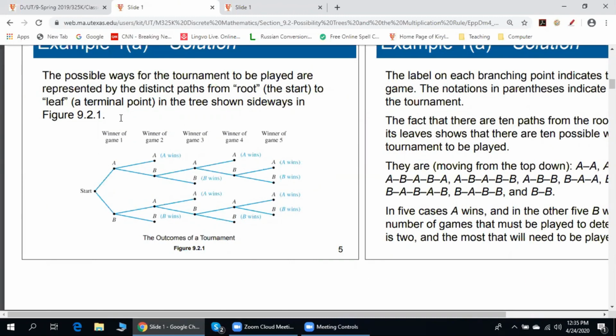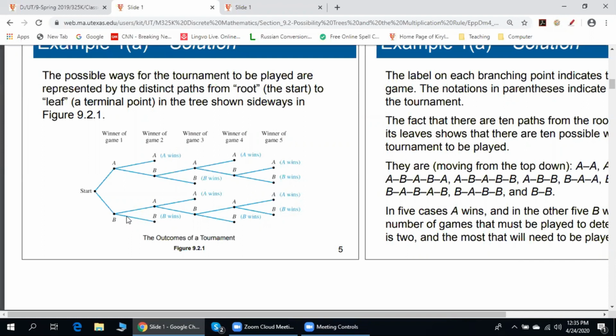Winner of game 1 is either A or B. If winner of game 2 is A, then we stop here because we have 2 wins in a row. If winner of game 2 is B, we continue. Here, if winner of game 2 is B, we stop.